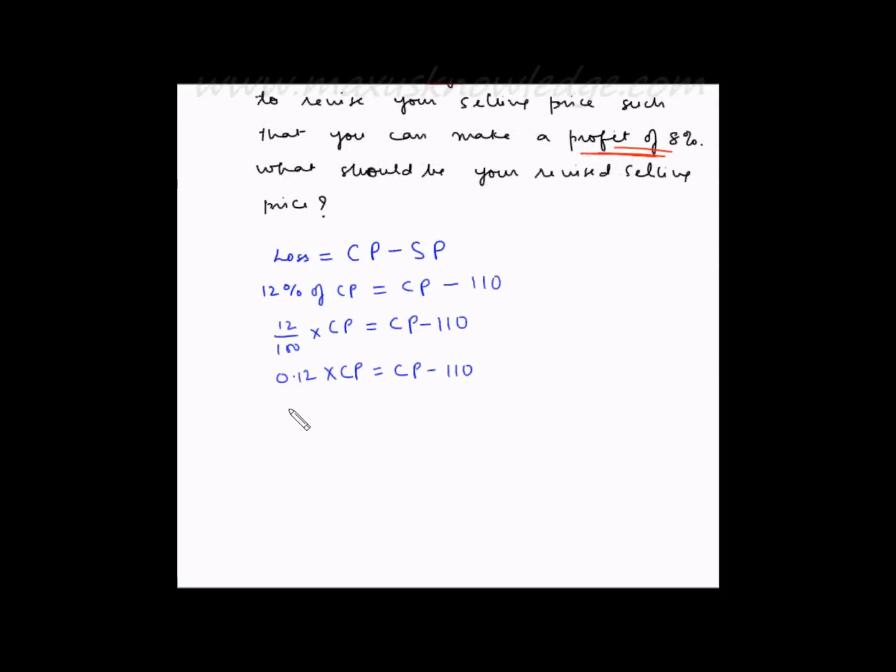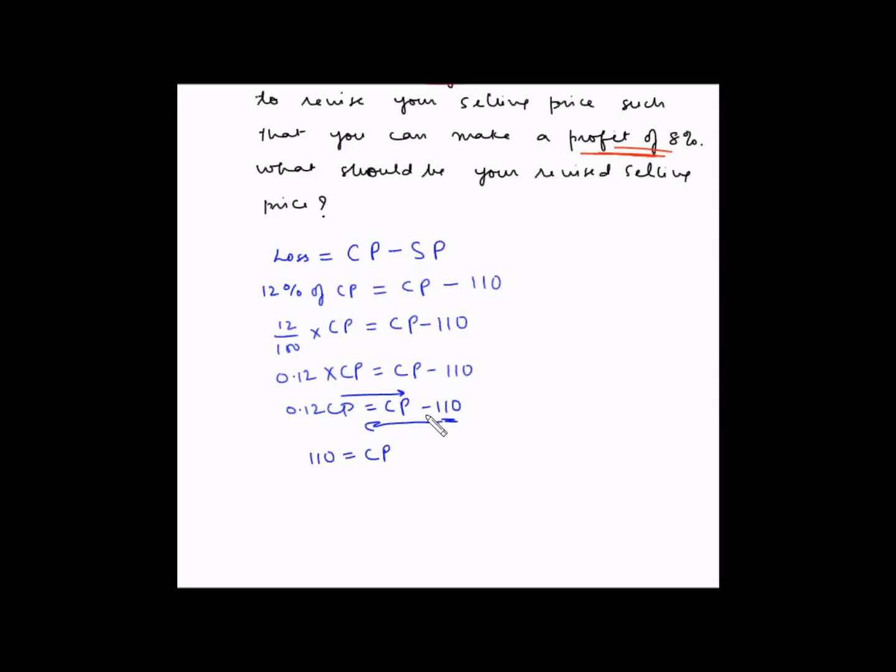So this becomes 0.12 CP is equal to CP minus 110. So let's bring this 110 on this side and this 0.12 CP on this side. So 110 is equal to CP.